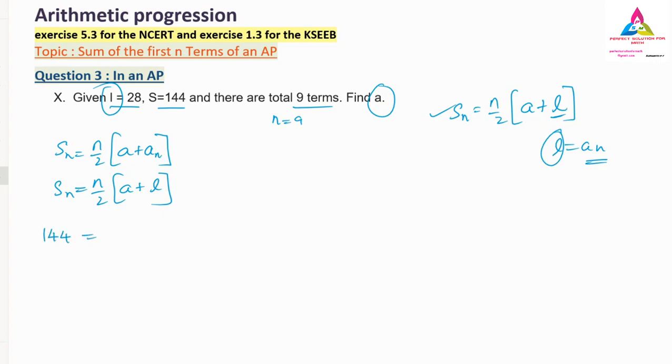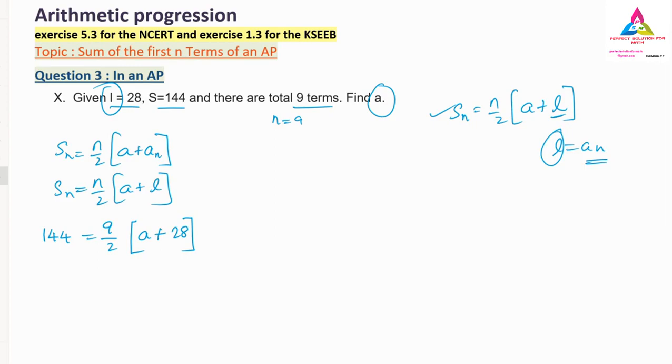The n value is 9 divided by 2, since they gave total 9 terms. The first term is not mentioned, so a stays as it is, but the L value is 28. I have substituted these in the formula.